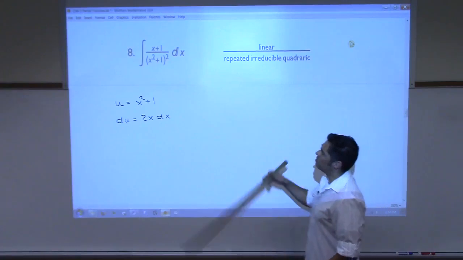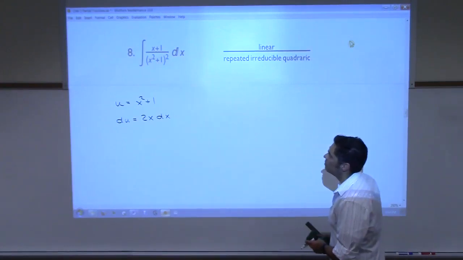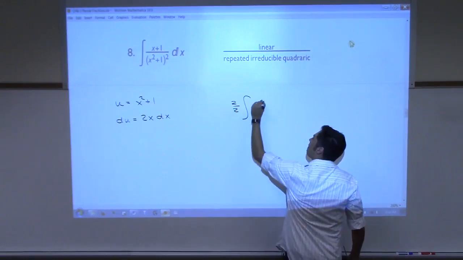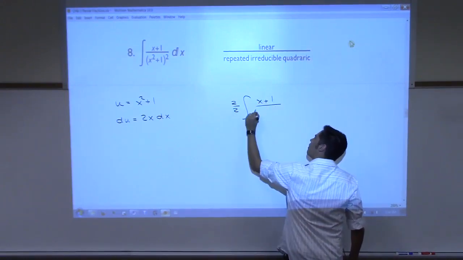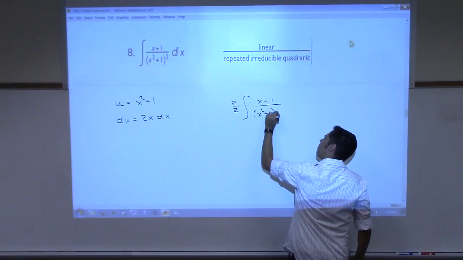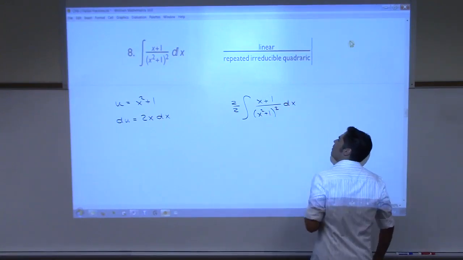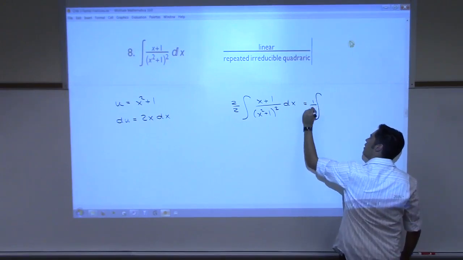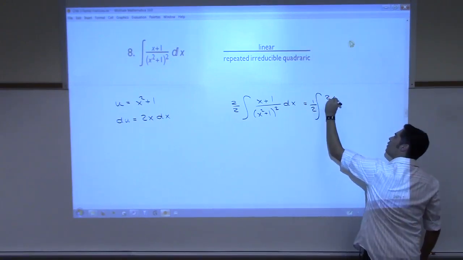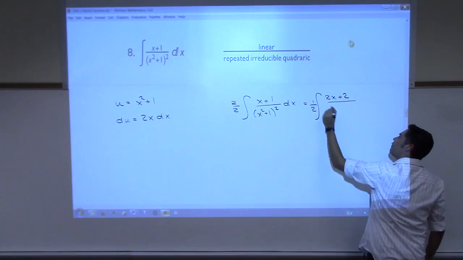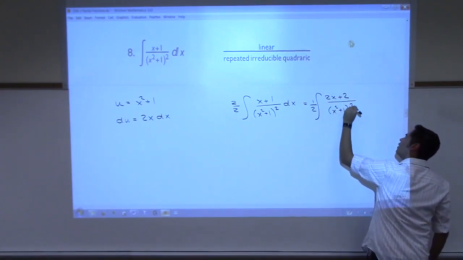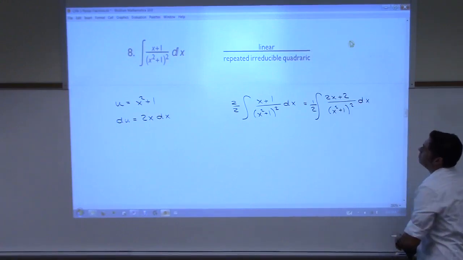So how can I force this to be a 2x instead of x? 2 over 2 on the outside. Pass the 2 through the top. Still have a 1/2 out here. 2x plus 2, right? And then over x squared plus 1 quantity squared dx.